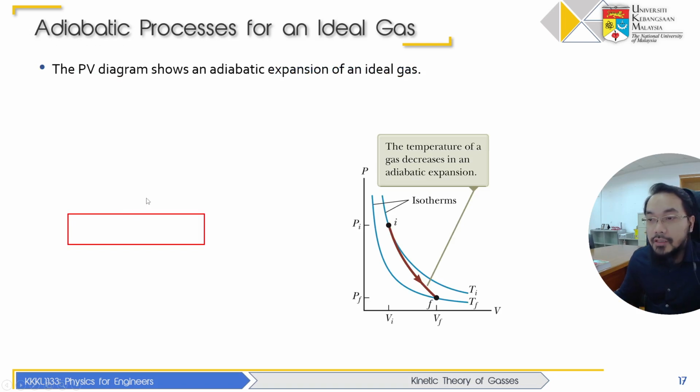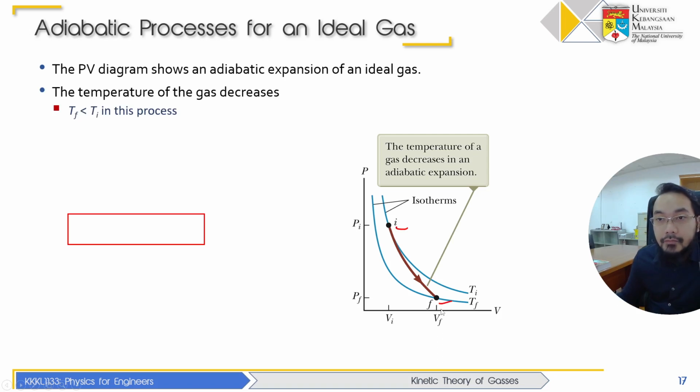Let's look at an example of a PV diagram of an adiabatic process. An adiabatic process is basically just an arbitrary curve connecting two isotherms, because there can be a change in temperature, moving from the initial to final state down here. So the temperature of the gas decreases. How do we know it decreases?